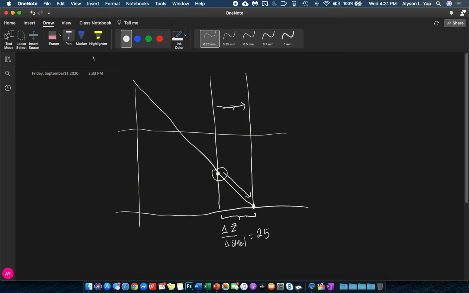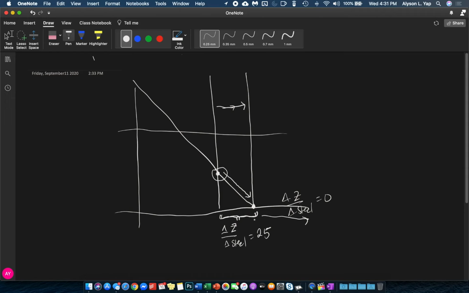If you remember in the previous discussion, anything beyond this, the change in Z over change in steel is already 0. But within this region, we know that the change in Z over change in steel is always 25.